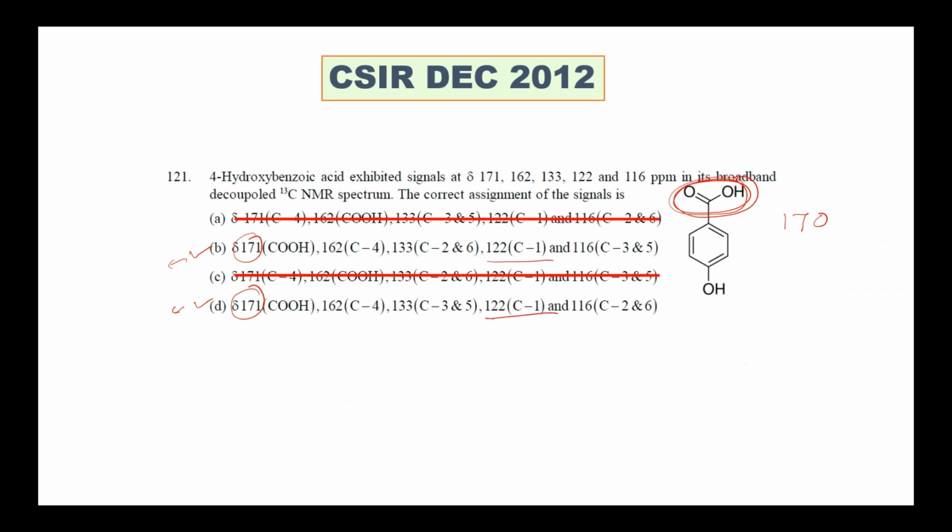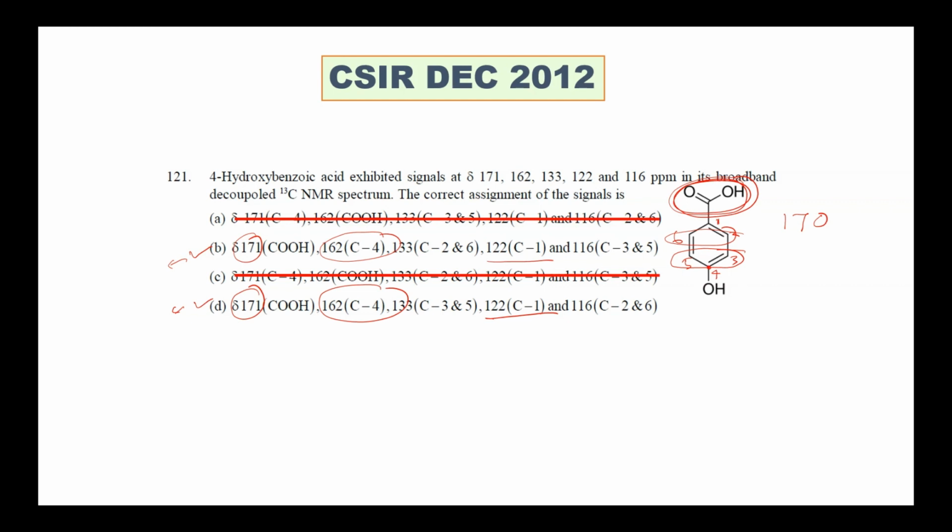So this is carbon 1, 2, 3, 4, 5 and 6. Carbon 1 is attached to the carboxylic acid and is given as 122. Now they have asked to compare carbon 2 and 6 and carbon 3 and 5. Carbon 4 is 162. The carbon 4 is attached to an oxygen, so it is 162.